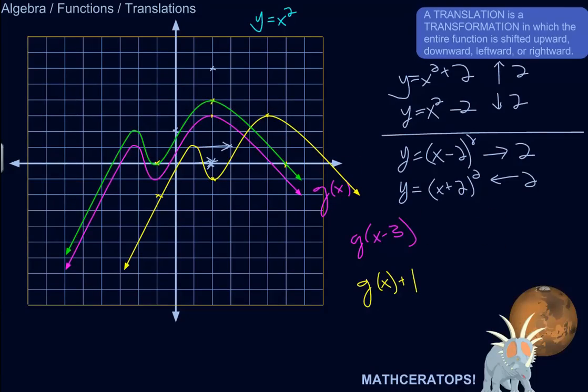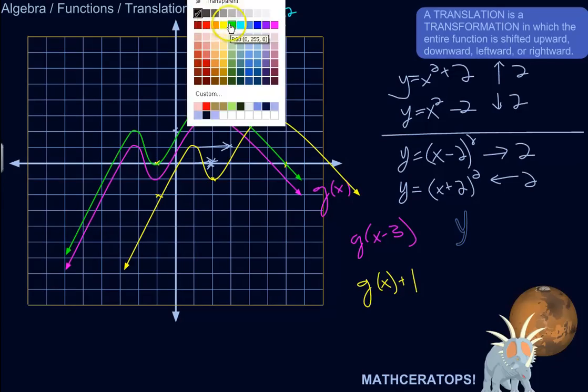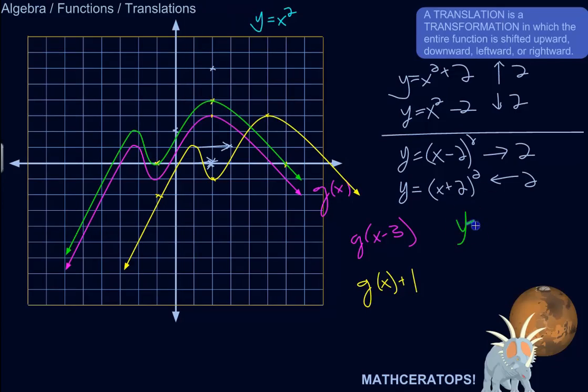Alright, so let's put this together. Say I had the function y is equal to x minus 3 cubed plus 7. Well, I can see from this that my original function, my base function where I can base everything off, is x cubed.